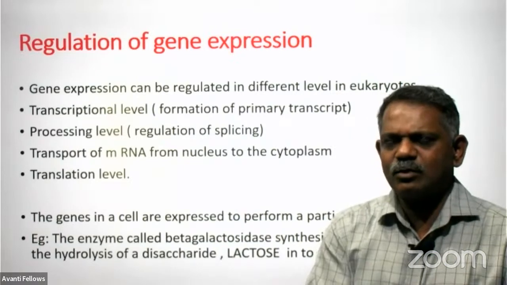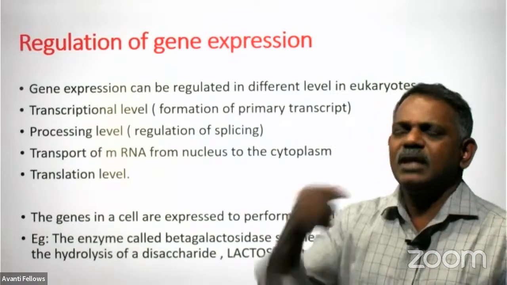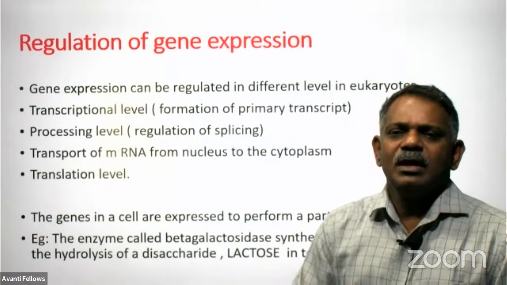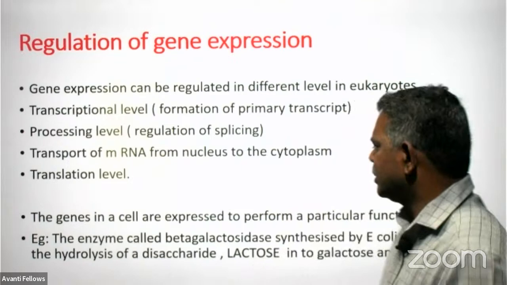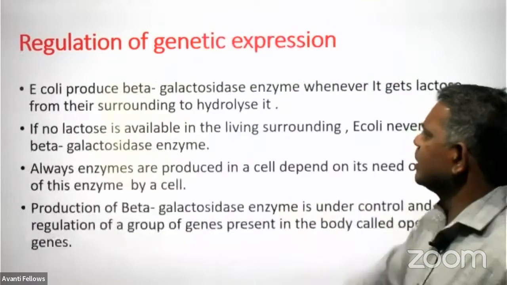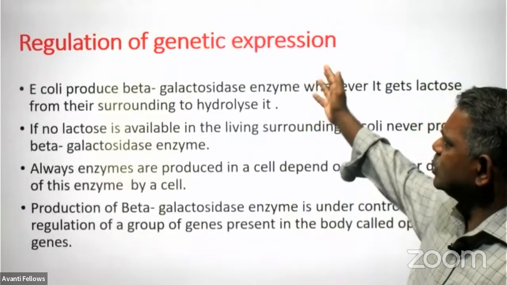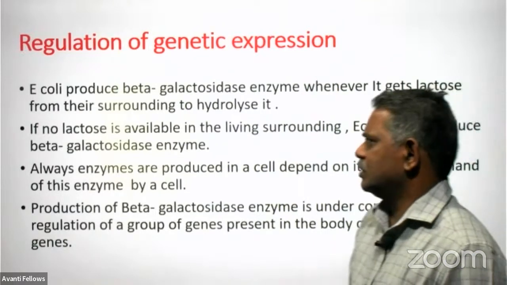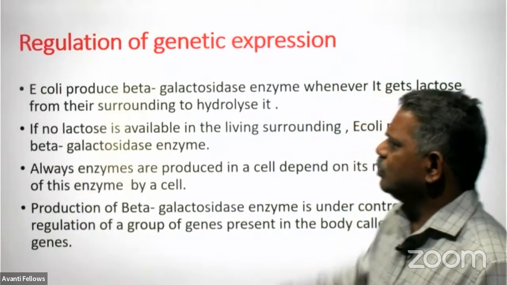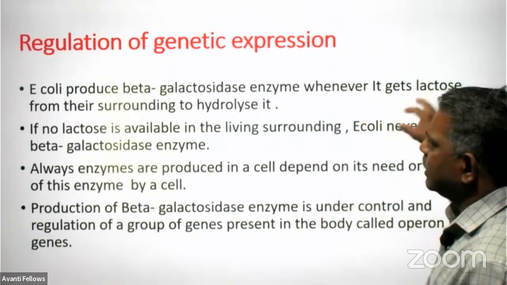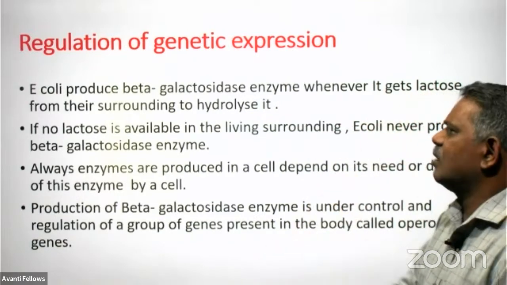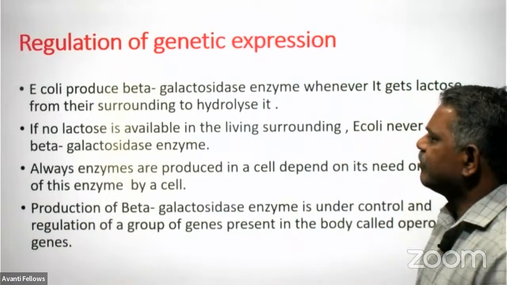If it is in the lactose medium, if lactose is inside the body of the E. coli, to digest the lactose, naturally it starts producing what? The beta-galactosidase enzyme, right? So come to the regulation of genetic expression. As I told you, E. coli produces beta-galactosidase enzyme whenever it gets lactose from its surroundings to digest it.